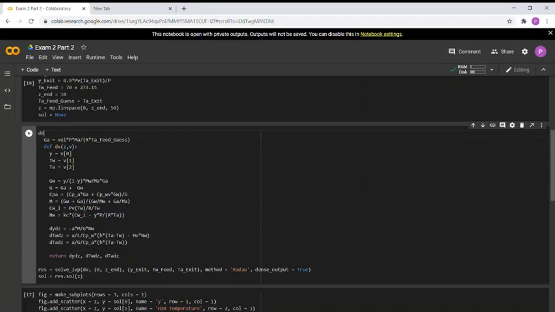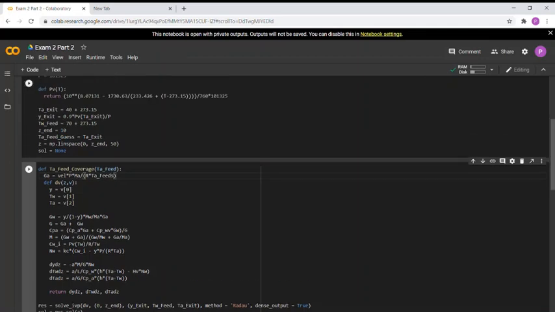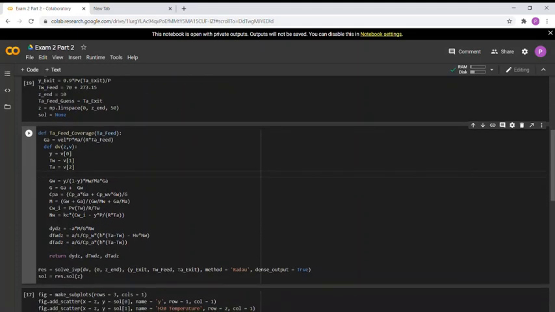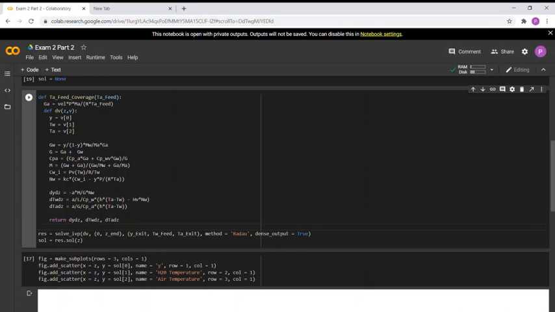So the function would be ta fit, the real one, so this should be ta fit. And we don't have anything to change.